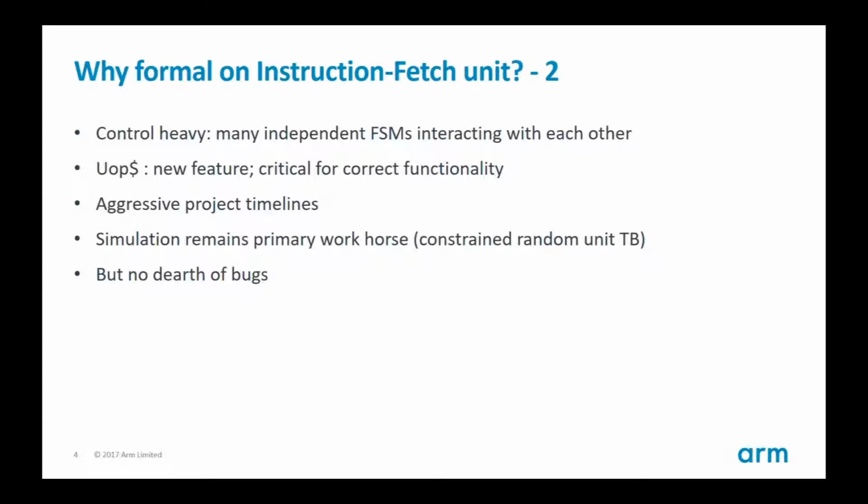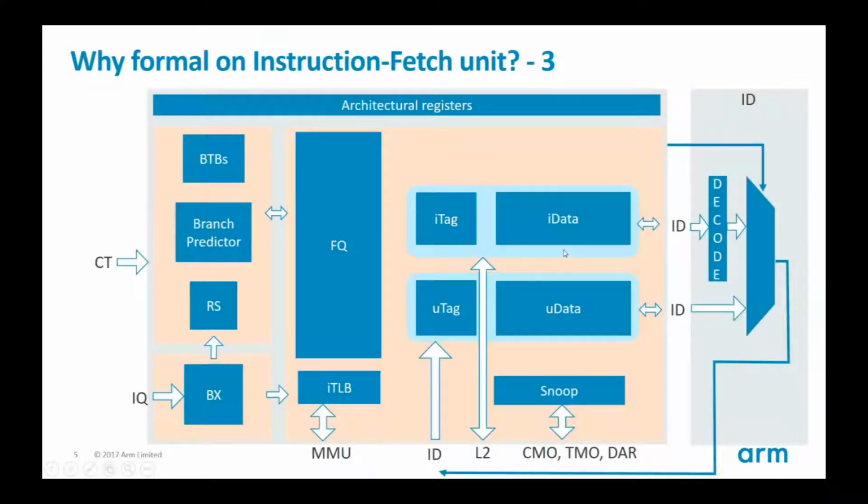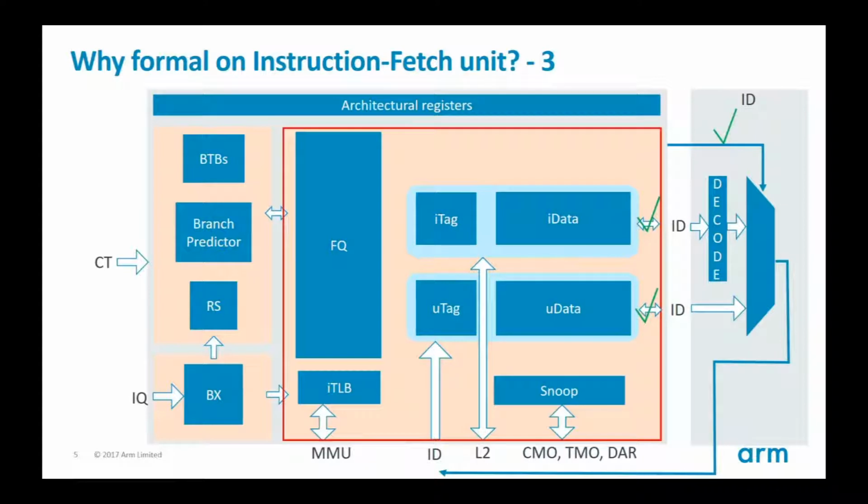As Vikram mentioned earlier, the memory subsystem and fetch typically have a lot of bugs that formal can contribute towards. So we decided to build a formal test bench around this hierarchy encapsulated by the red rectangle. And the green check marks denote some interfaces on which we had some checking. So we were checking the instruction delivery from the instruction cache, mop delivery from the mop cache, and then also the instruction decode unit, which is the gray box to the right, has to decide whether to send mops or instructions forward to the rest of the CPU pipeline.